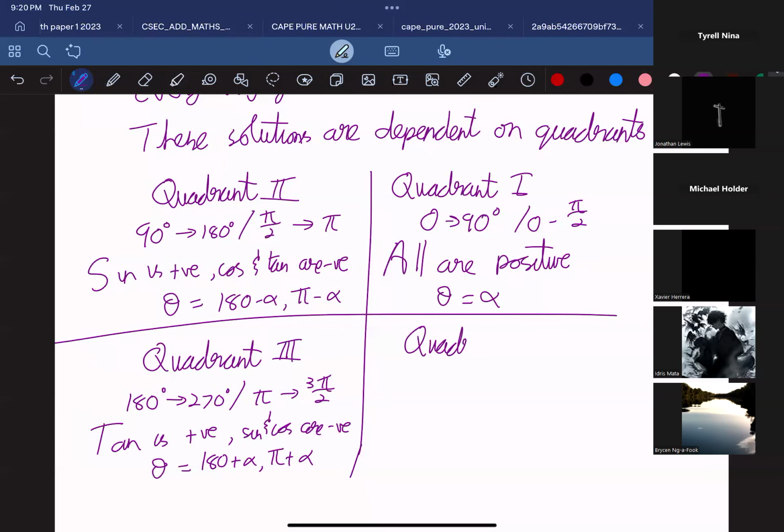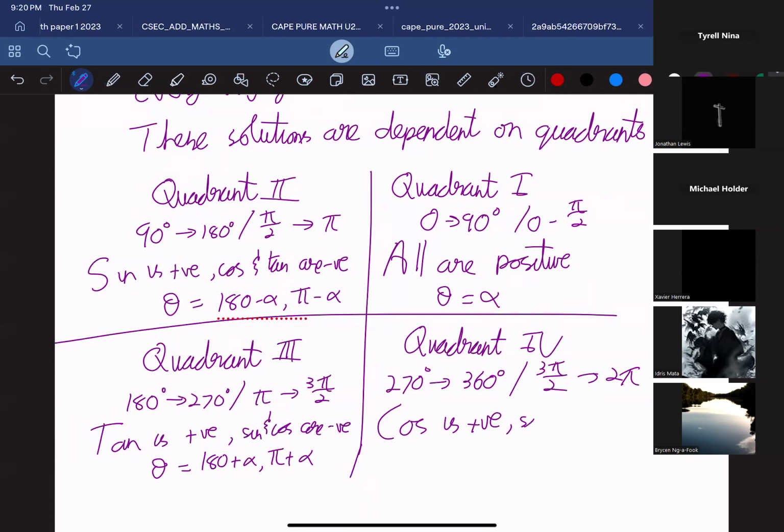And quadrant 4 is 270 to 360, or 3 pi over 2 to 2 pi. Cos is positive. Sine and tan are negative.